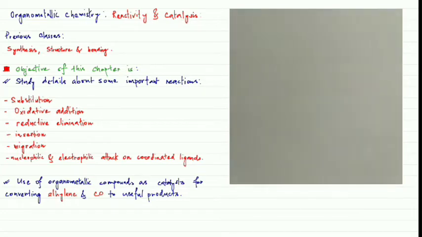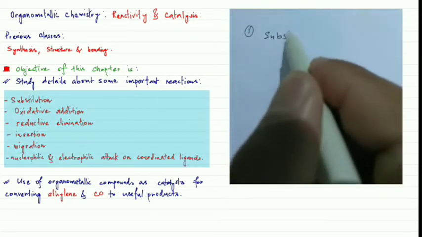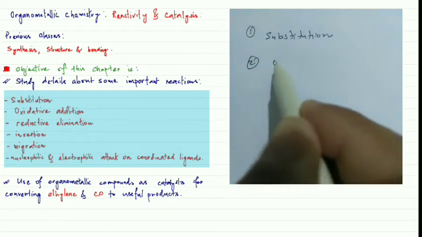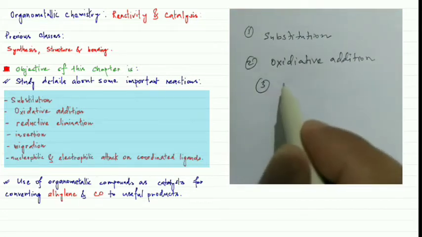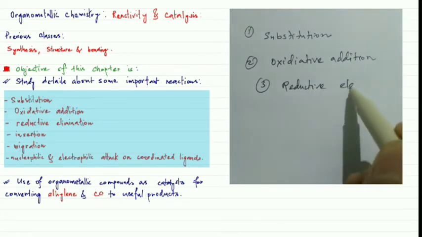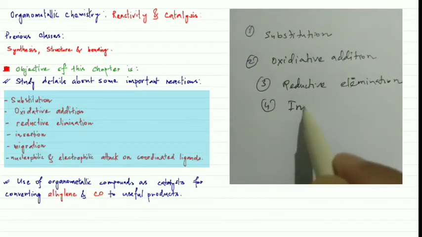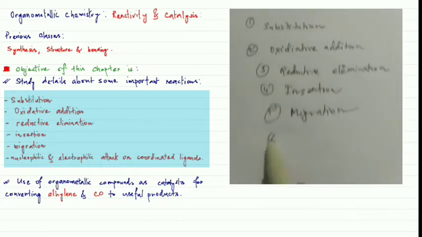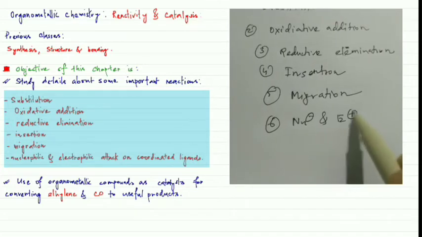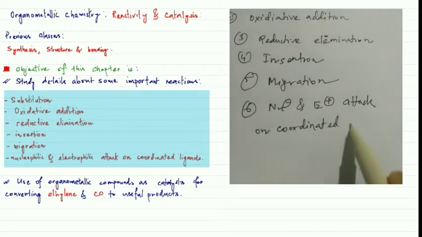and usually the organometallic complexes show many different types of reactions, and amongst them in this chapter we're going to discuss the substitution reaction, second, the oxidative addition reaction, third is reductive elimination, and fourth one is insertion, fifth is migration, sixth is nucleophilic and electrophilic attack on coordinated ligands.